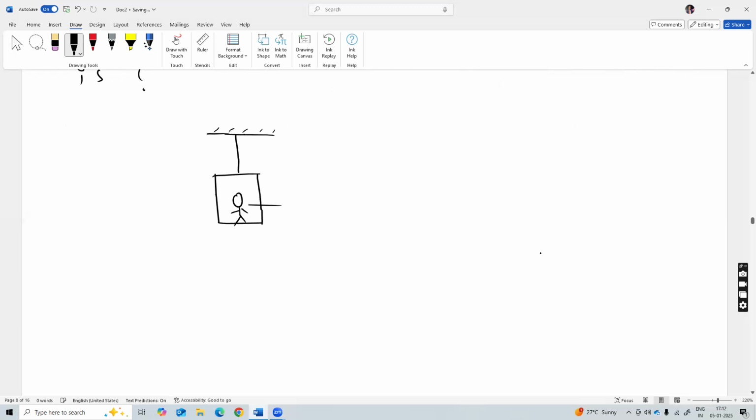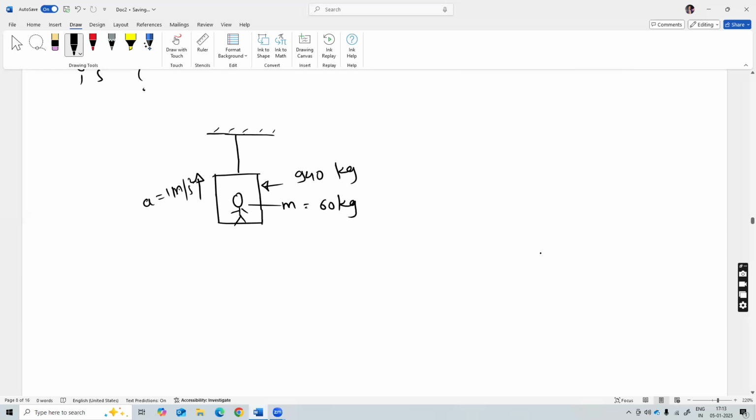Mass of this person is 60 kg. Mass of the lift is 940 kg. And it is moving upward with acceleration of 1 meter per second square.